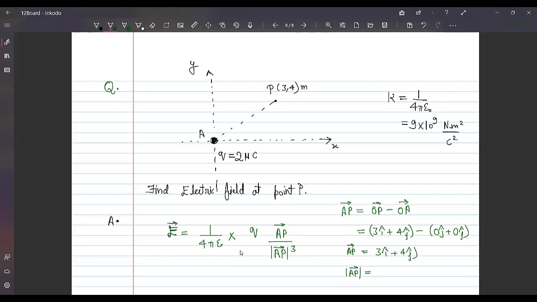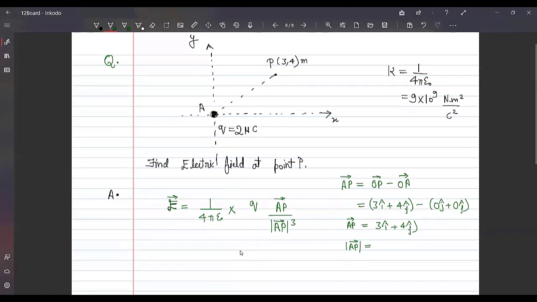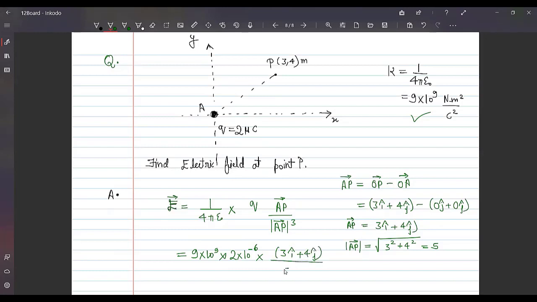Mod of AP will be 5. And 1 by 4 pi epsilon naught is 9 into 10 to the power 9. This is 2 microcoulomb, that is 2 into 10 raised to minus 6. AP vector is 3i cap plus 4j cap, whole divided by 5 cube.